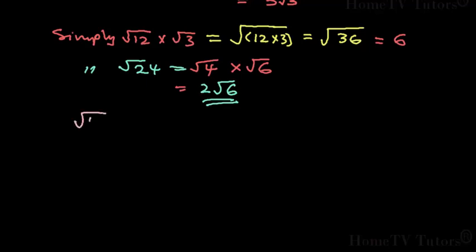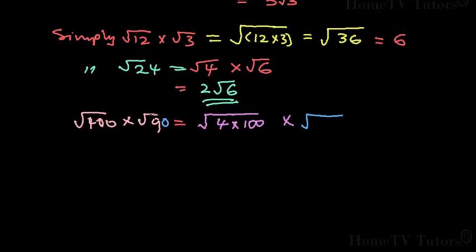We have square root 400 times square root 90. Good. So we simplify further. The square root of 400 will be broken down as 4 times 100. Then for square root 90, we have 9 times 10.